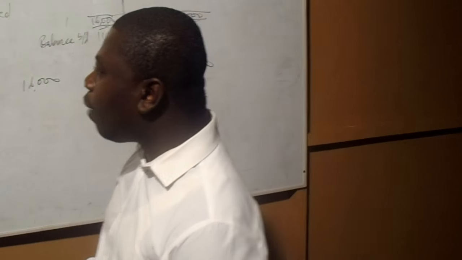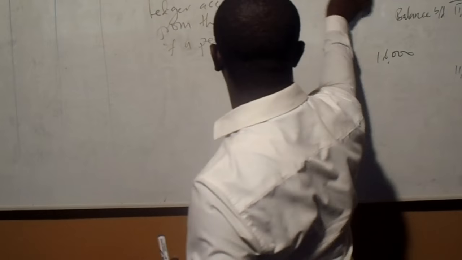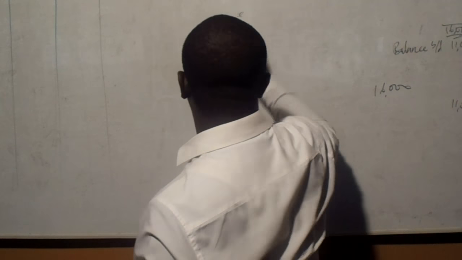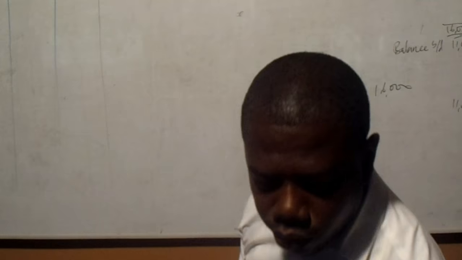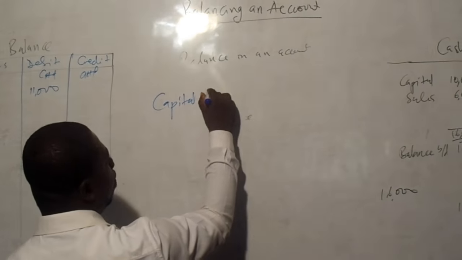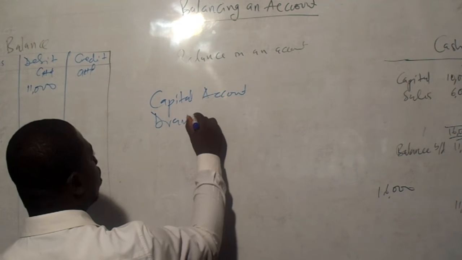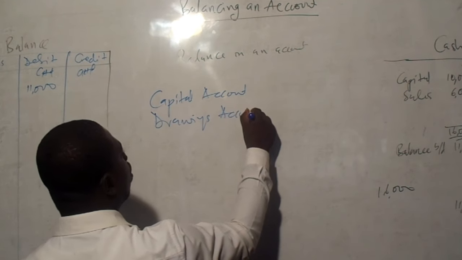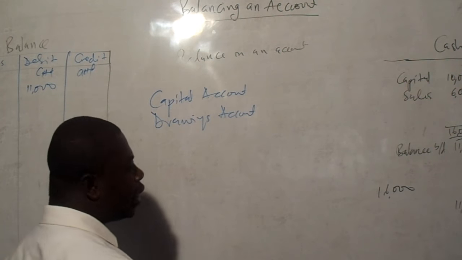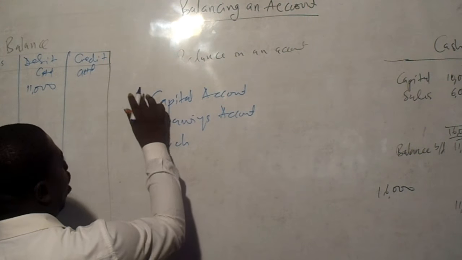Now, I want to do a final list for you on something. There are some accounts that are opposites in nature, like capital account and drawings account.